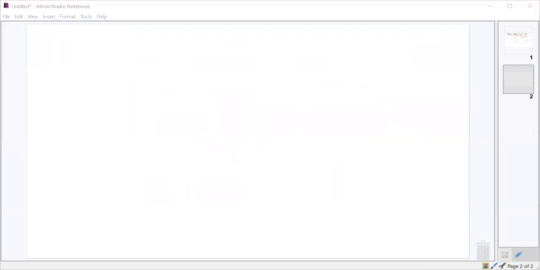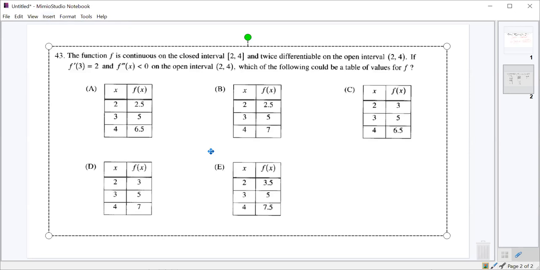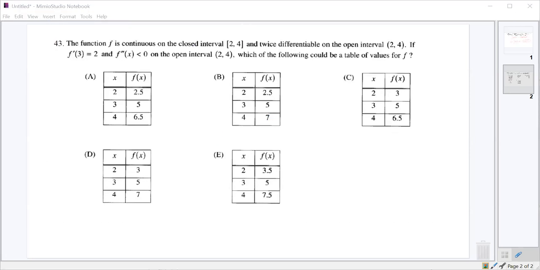Next one somebody was asking about was 43. So let's take a look at that one. So we've got a function that is continuous and twice differentiable.